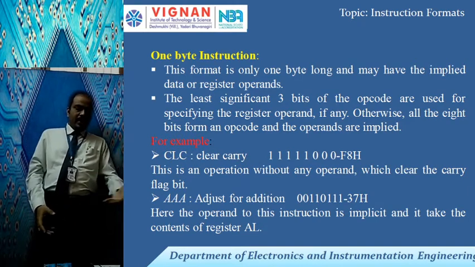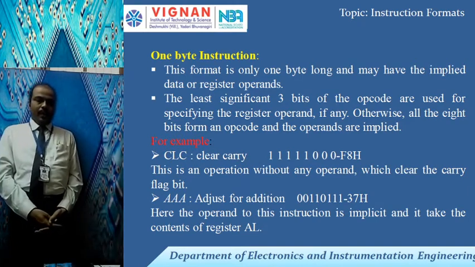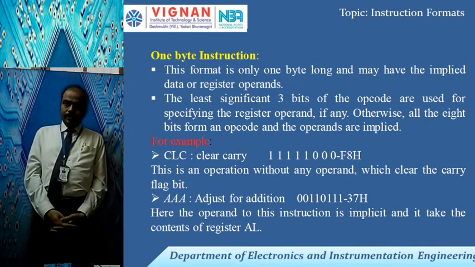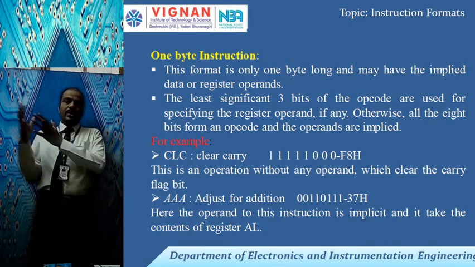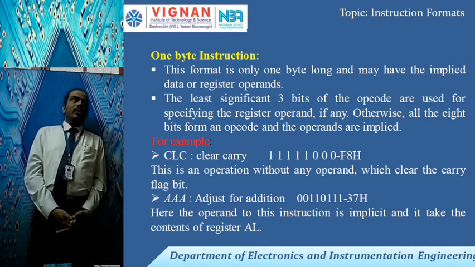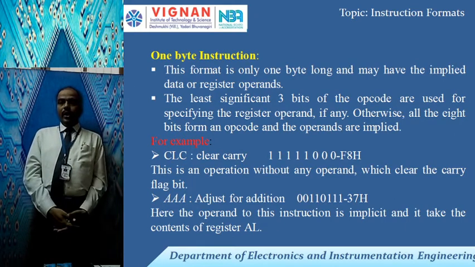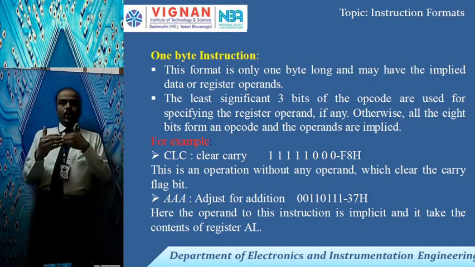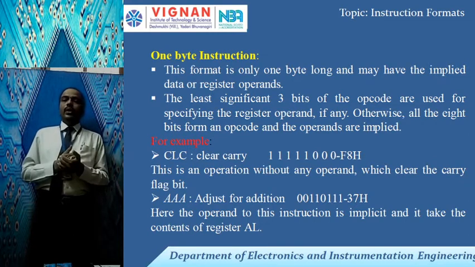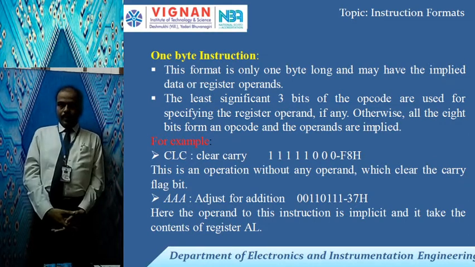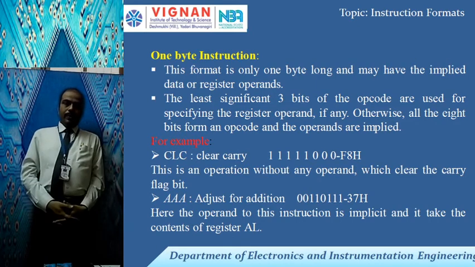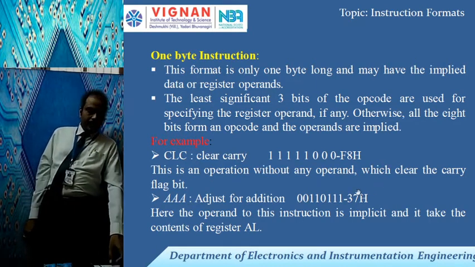Or there is another instruction called AAA, ASCII adjust for addition, which we are going to understand in the instruction set. There we have some invalid BCD codes. Whenever you have invalid BCD codes, you add 06 to the content. I will discuss it later. This is also an instruction, and here the machine language code is 00110111.